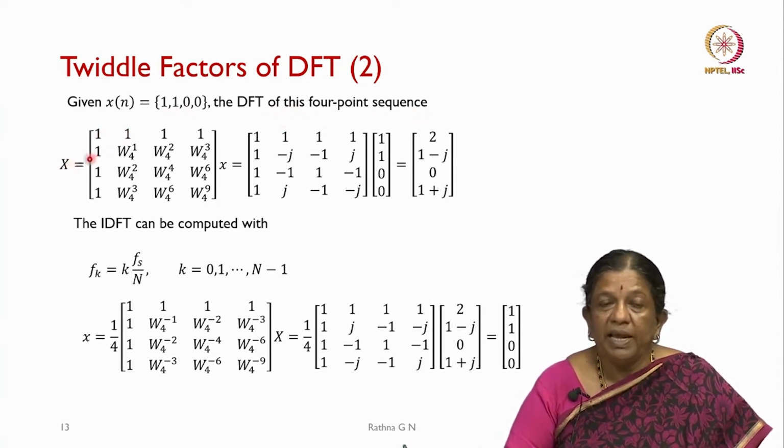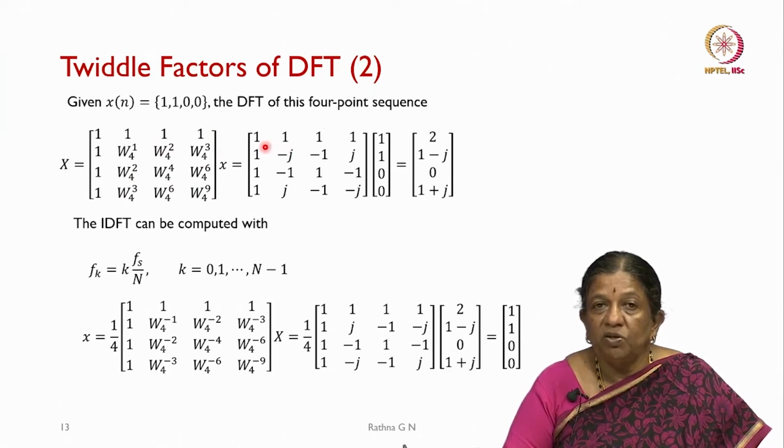We represent it with all ones in the first row and the first column, then W 4 1, W 4 2, W 4 3, and W 4 2, W 4 4 and W 4 6, and so on in the last line. When you expand them in terms of e power, you will see that W 4 1 is nothing but minus j, and W 4 2 is minus 1.